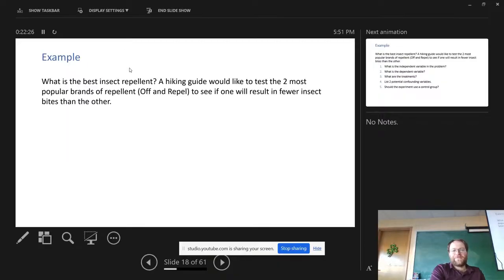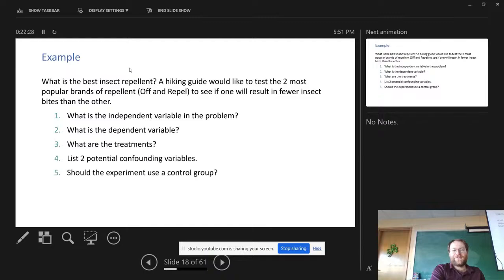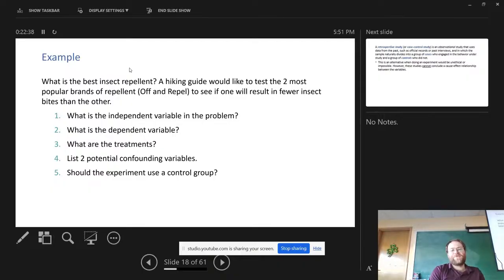Another example: what's the best insect repellent? Say we test two popular brands of repellent, like Off, to see which one will result in fewer insect bites than the other.